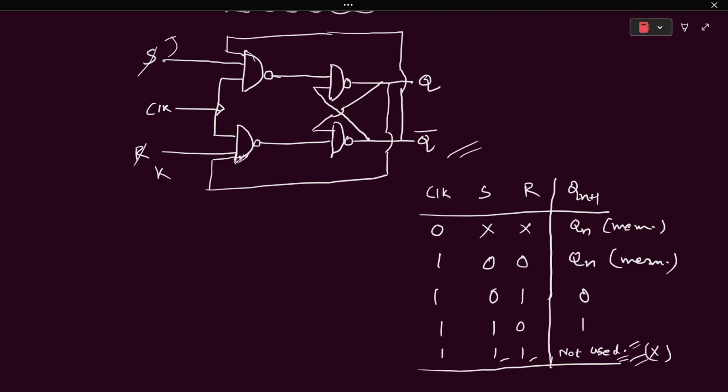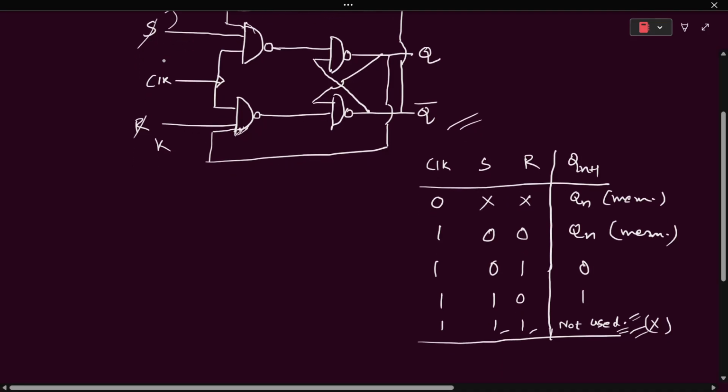Now we will see what the output of the JK flip-flop will be and how we overcome this not used condition. And what is the truth table of the JK flip-flop, and also the excitation table. To learn the excitation table we must have the characteristics table. What will be the characteristics table as well as the excitation table of the JK flip-flop?